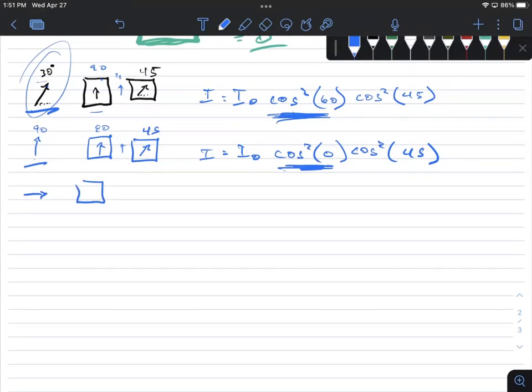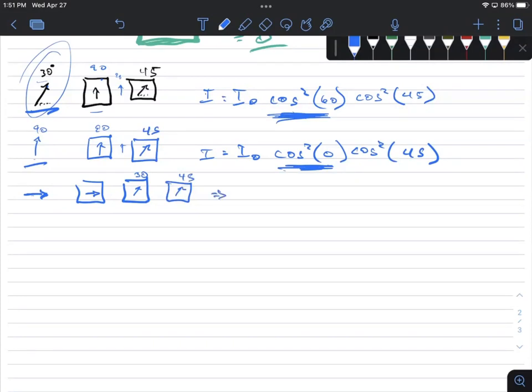And then I would do the 30 from the 45, which would give me the 15. Let me make sure I understand. So you said the starting light is horizontal? Yes. And then the first filter is? It's horizontal also. Okay. And then the second filter? 30 degrees. Okay. Then 45. And then 45, sure.